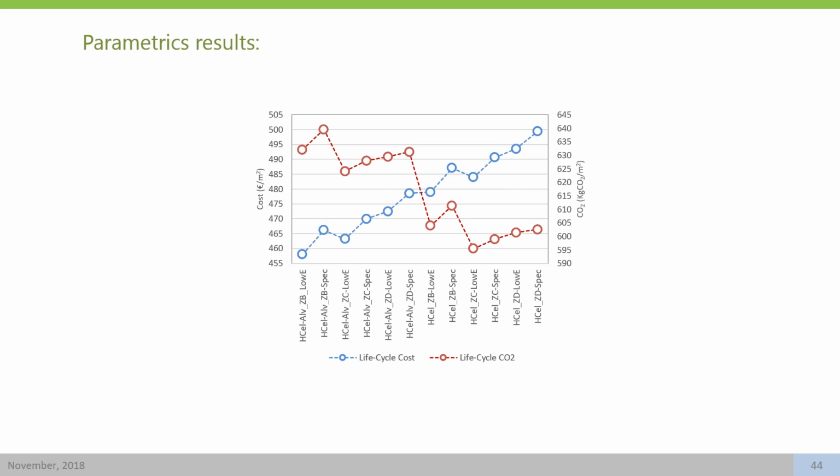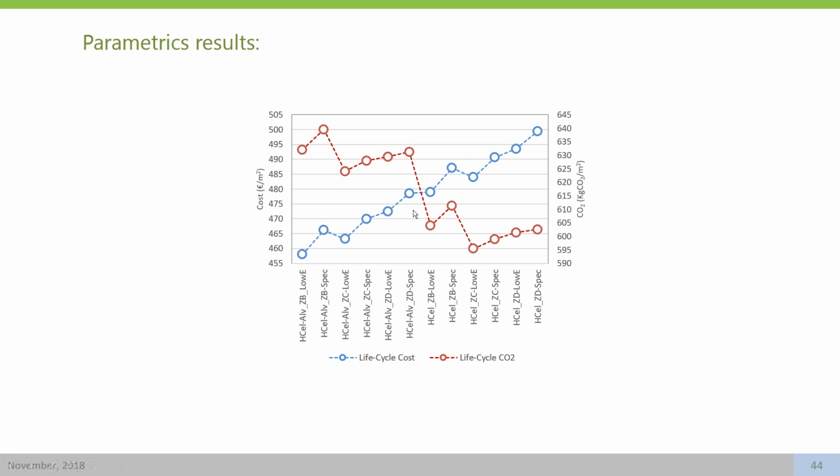These are the results. The graph shows the life cycle cost with the blue line and the life cycle carbon with the red one. Here you can see the cost and the carbon. The cost, as you can see, tends to increase gradually as the constructions are improved in this way, while the solution based only on cellular concrete produces lower carbon.